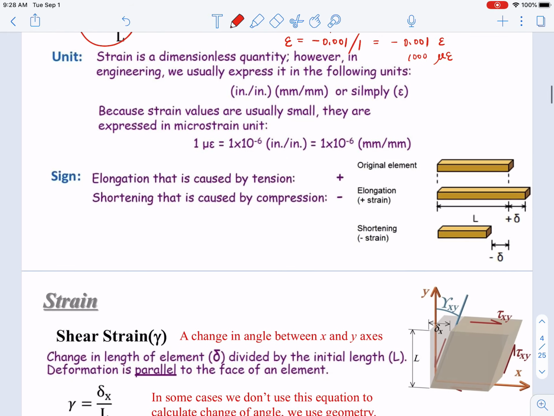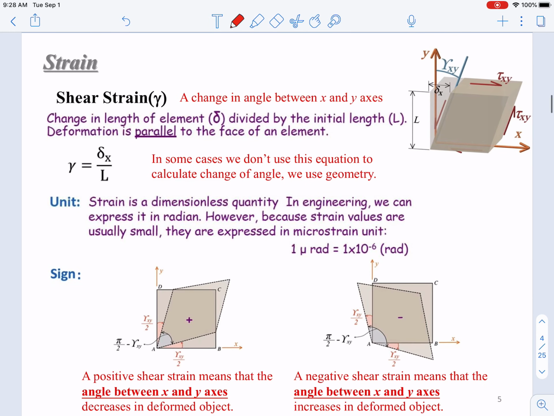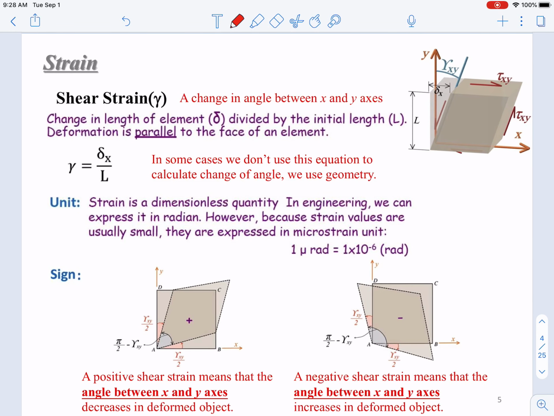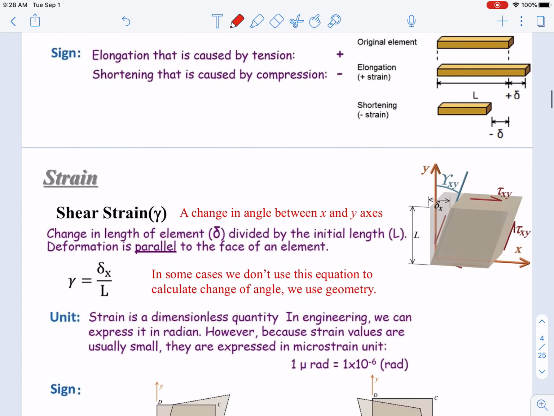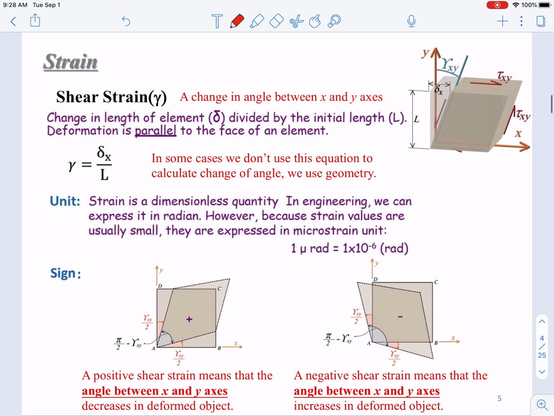So that is normal strain, and today we will also talk about shear strain. I should put focus here because this is a little confusing. The shear strain is the change in length of an element divided by the initial length. See that this first sentence is exactly the same as normal strain, but the deformation is parallel to the face of the element.